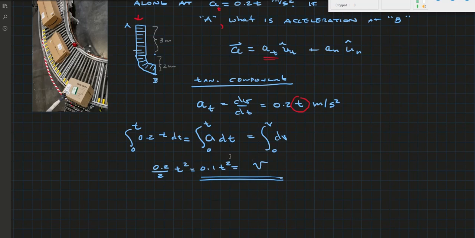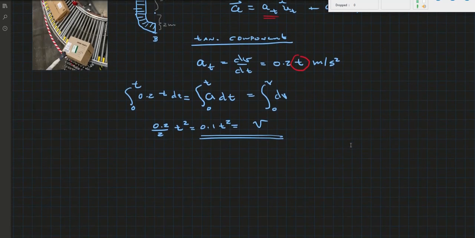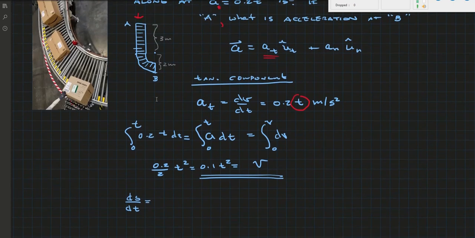That's why I derived the velocity in terms of t, because we have more information here in terms of the path s, because we have all these dimensions up here on our conveyor belt.